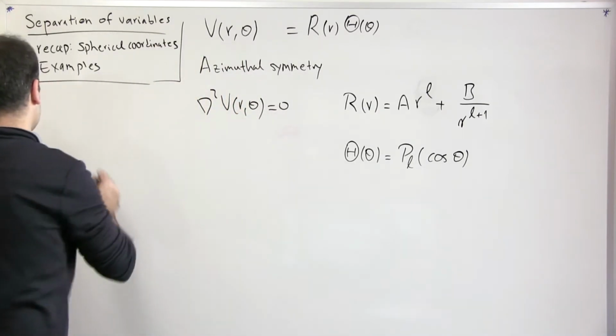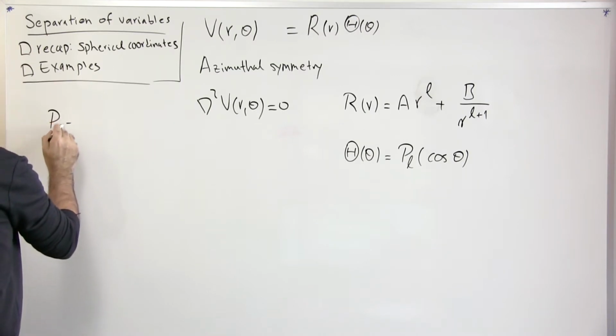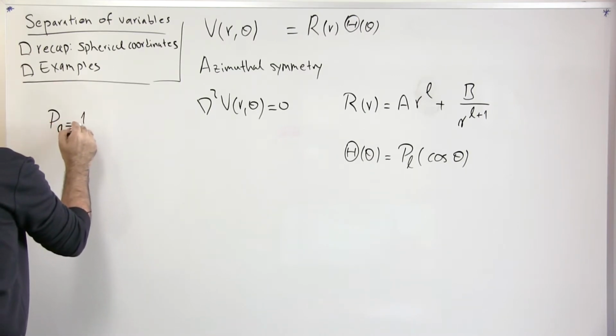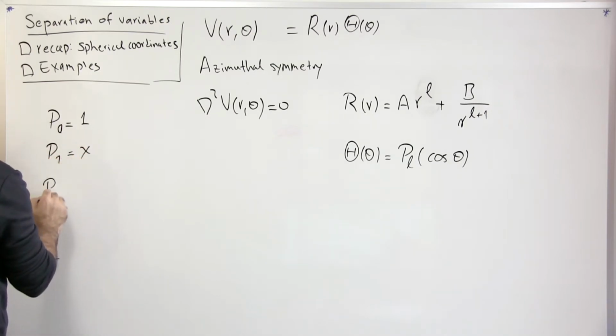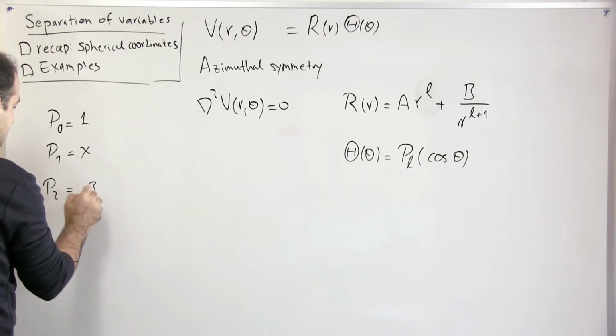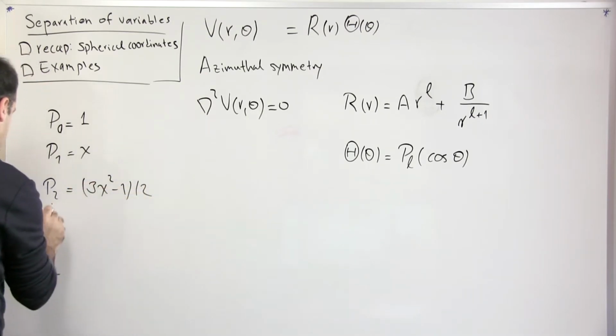Legendre polynomials, the first few terms are very simple. P0 is just 1, a constant. P1 is x. P2 is (3x² minus 1) divided by 2, and so on.